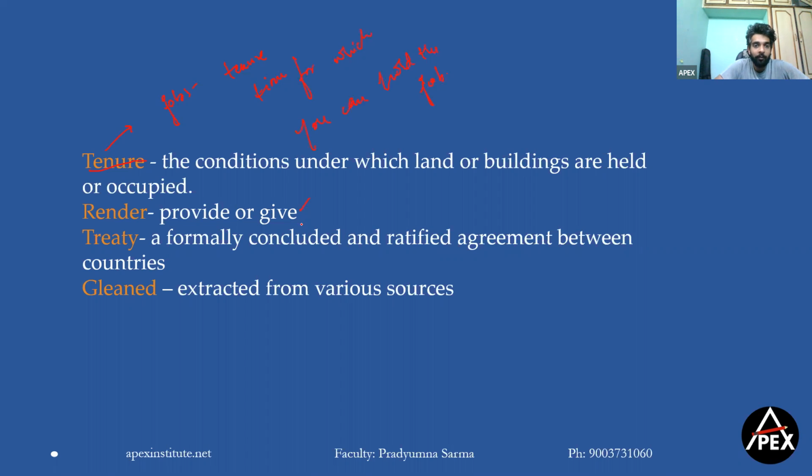Render is provide or give. All right. Treaty is nothing but an agreement between countries. What do we mean by ratified? It's nothing but something that's thoroughly gone through and concluded. Okay. Gleaned is extracted from various sources. So getting from different sources. Okay. All right. So let's quickly go forward with the first question.